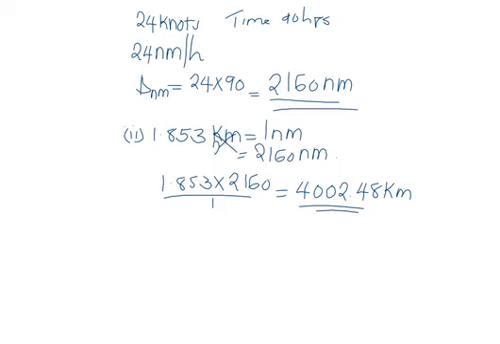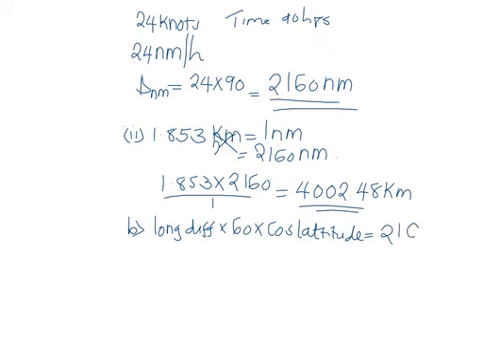Now we are going to get the longitude difference, because we know that the longitude difference multiplied by 60 multiplied by the cosine of the latitude should be equal to the distance covered, which is 2,160 nautical miles. So let the longitude difference be x, then we multiply by 60 multiplied by the cosine of 10, and this will give us 2,160.